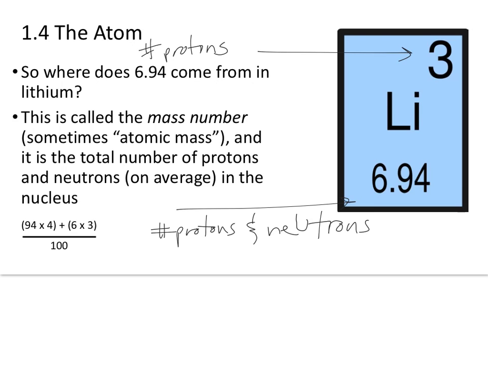And it's an average because the number of neutrons varies a little bit. That can vary. This cannot. This always has to be 3 for lithium, and if it's a different number, it's got to be something else. But this can vary. It varies to the point where it's ever so slightly less than a whole number. But if we round up, we can expect that most atoms of lithium will have 7 particles, 3 protons and 4 neutrons.